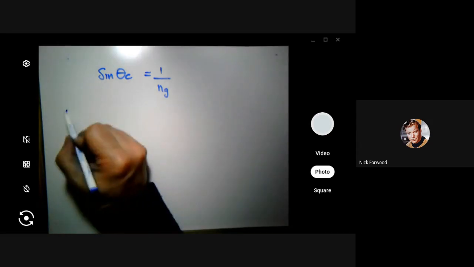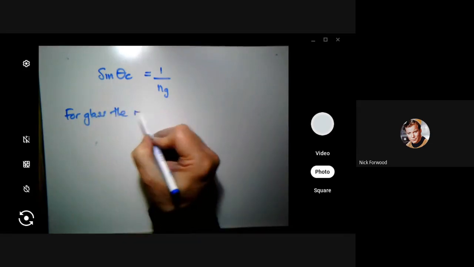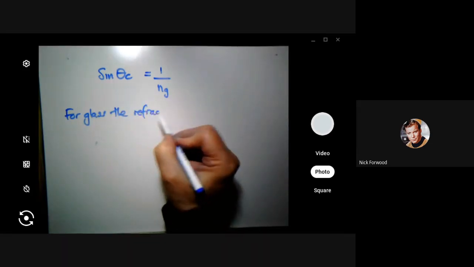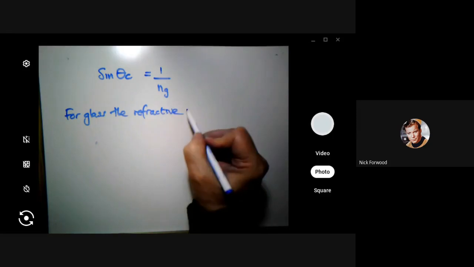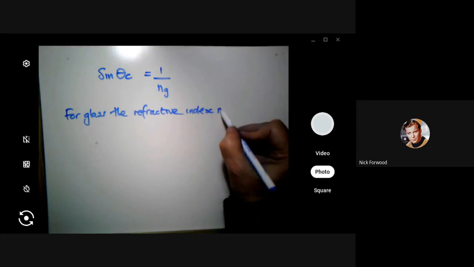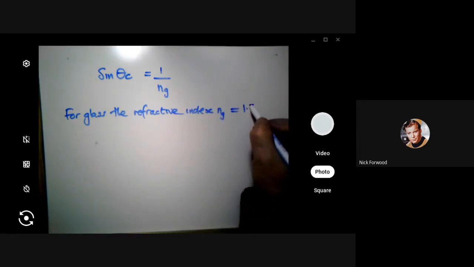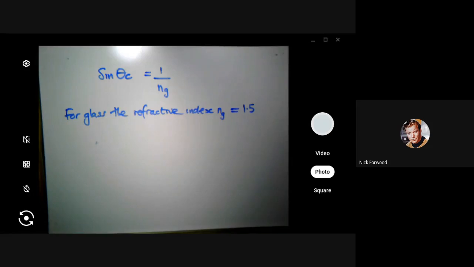For glass, the refractive index n is equal to 1.5. You can go away and look that up in the data table, on the data sheet.